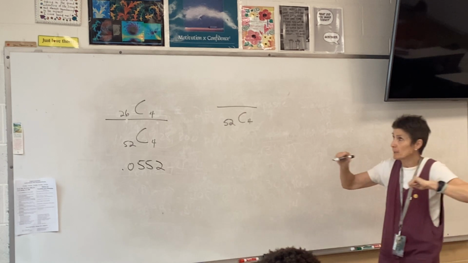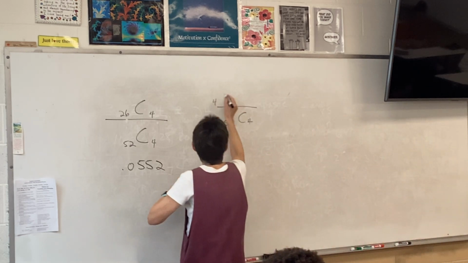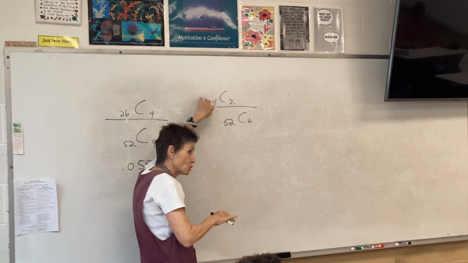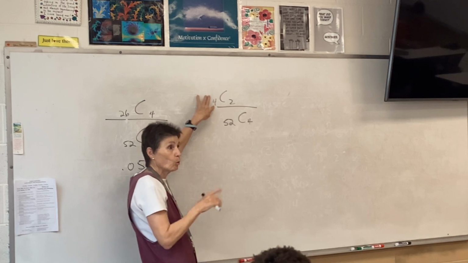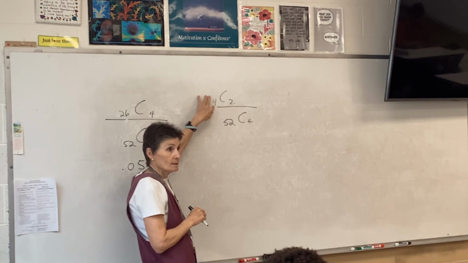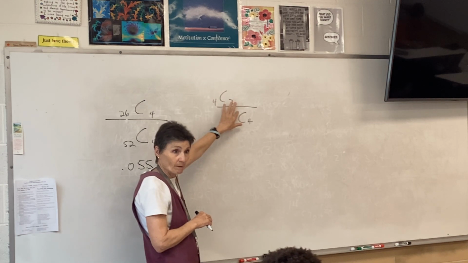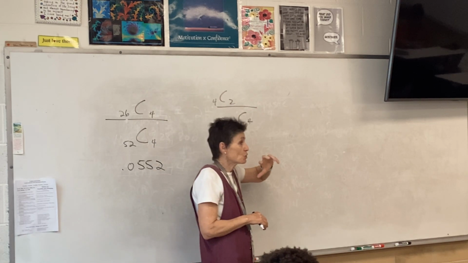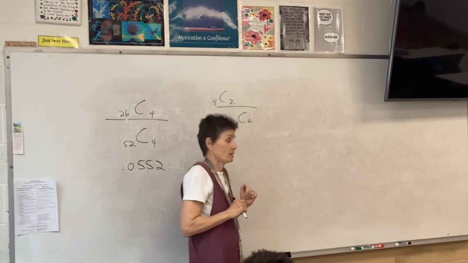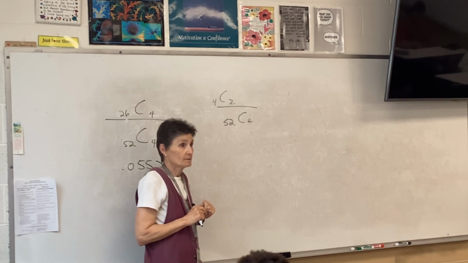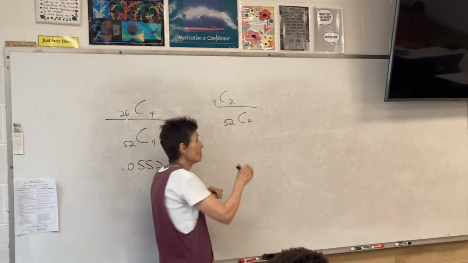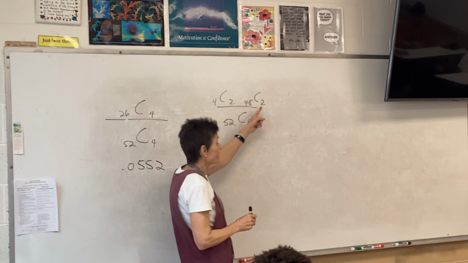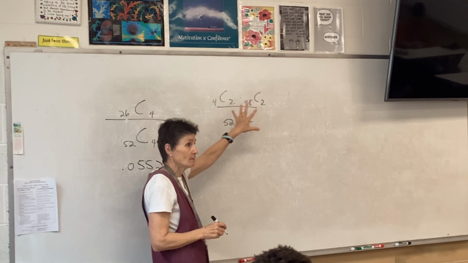All right, how do I get 2 queens? 4 C2. Remember, that first number is your potential. How many potential queens are there? 4. And you're going to pick 2 of them. Now, how many potential other cards are there? 48. And I want 2 of them. And since I want 2 and 2, I'm going to multiply that numerator.